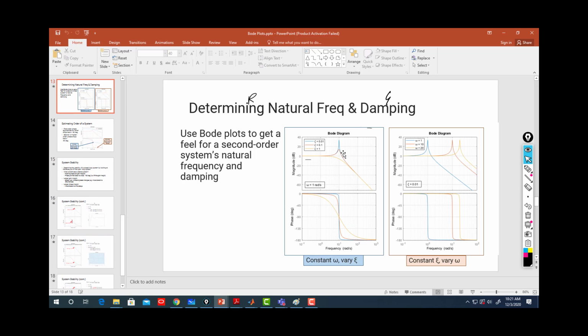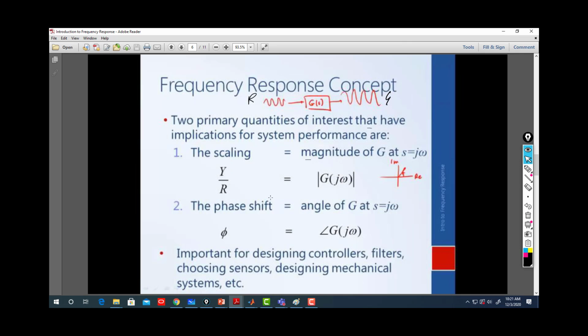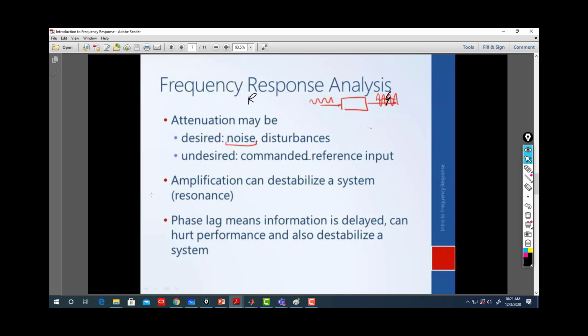At resonance, your system will vibrate a lot, so you need to avoid the natural frequency of your system. That's why those concepts are important, frequency analysis, for many domains, even in signals and systems, filters, telecommunication, etc.